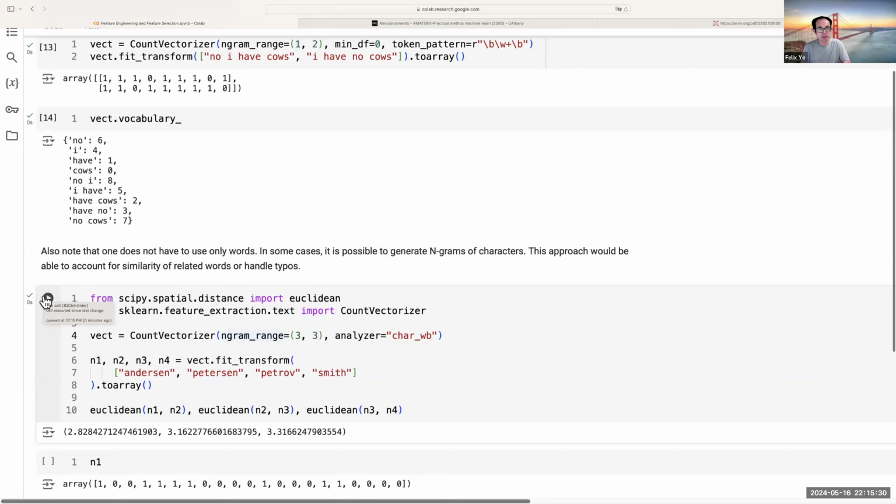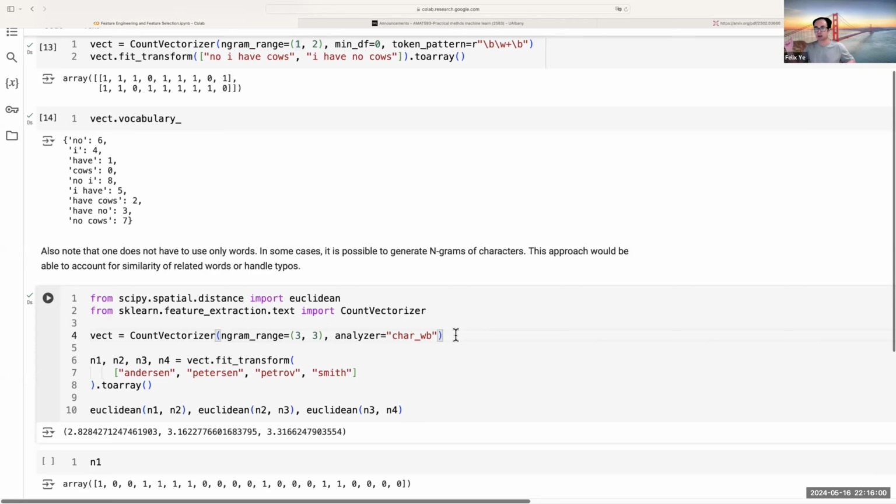we can do these 4 different words. I'm considering 3 grams, but we are only interested in the characters, not the word. So one token will be just one character, but we consider 3 grams. That means I'm going to consider a triplet of the characters.